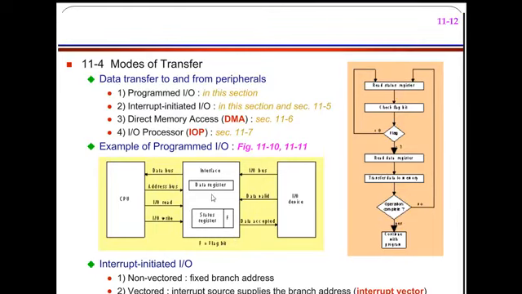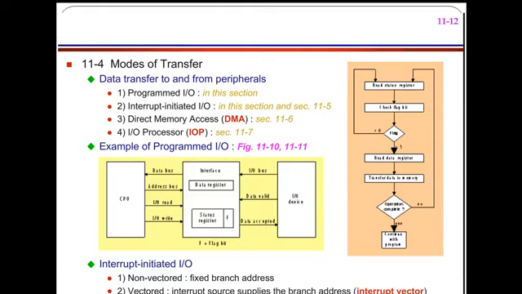Coming to the modes of transfer. For the data transfer to and from the peripherals, what are the different modes of transfer we are going to follow? Generally, we have four different modes of transfer: programmed IO transfer, interrupt initiated IO data transfer, direct memory access, and the IO processor, the input output processor.